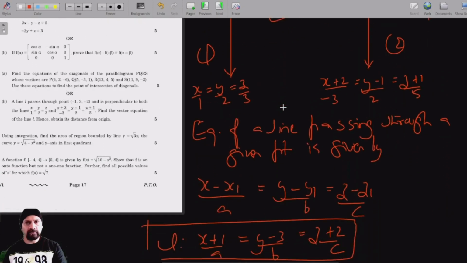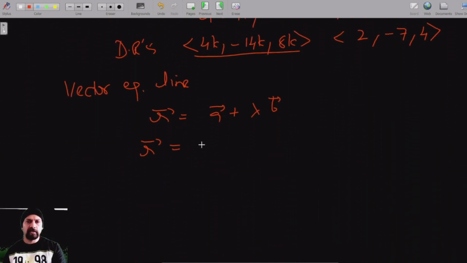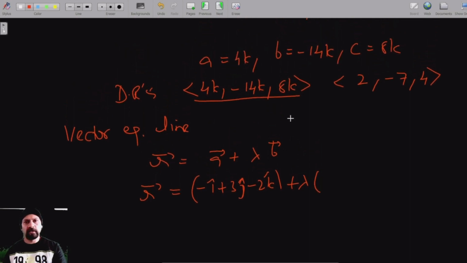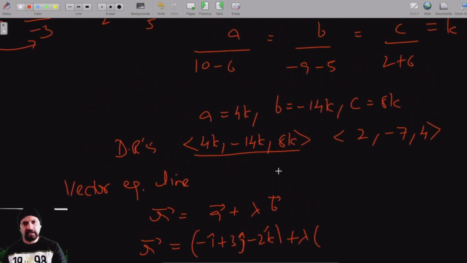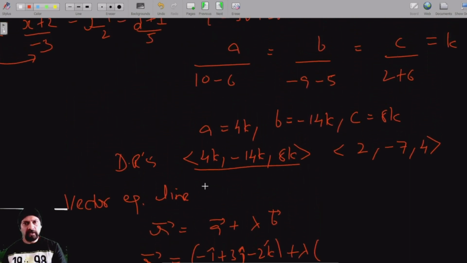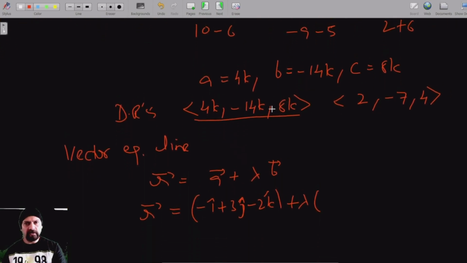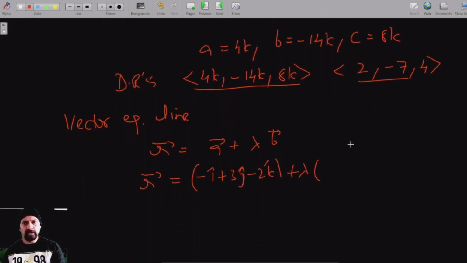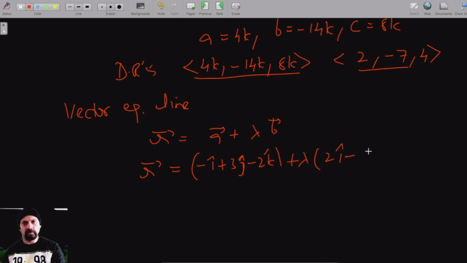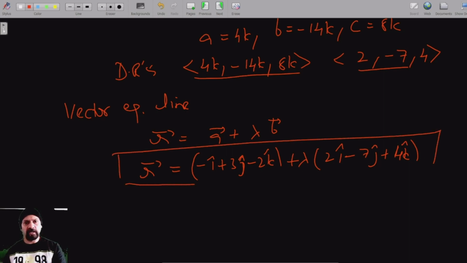So minus i cap plus 3j cap minus 2k cap plus lambda into b. The b vector is parallel to the line and has the direction ratios 2, minus 7, and 4. So this is 2i cap minus 7j cap plus 4k cap. So this is what was asked.